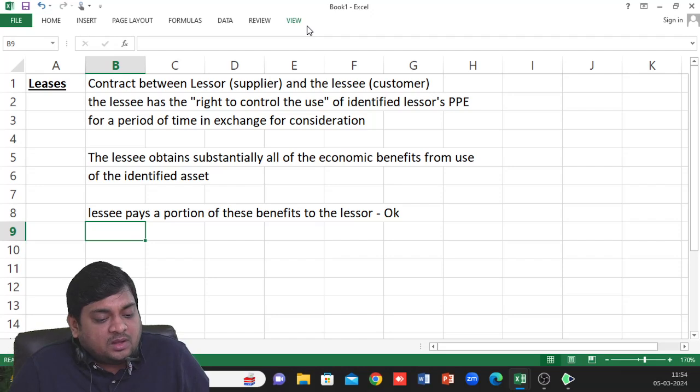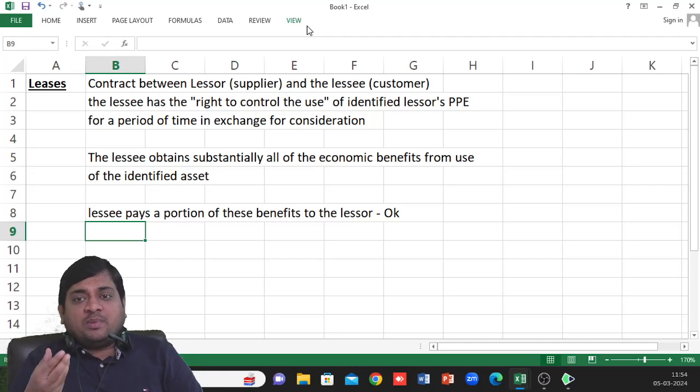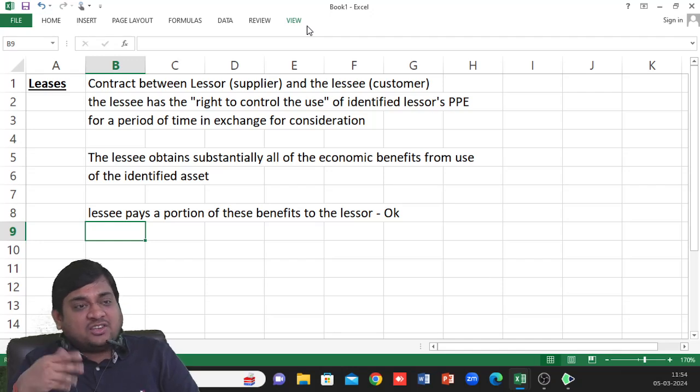Now there might be some operating limitations that have been imposed on me, that you need to use this asset in this way, because after this time period is over, this asset will go back to the lessor. Suppose I have taken your equipment on use and I am using it in a manner that it will cause major damage to the property, so he won't allow that. So he might put some directions on the basis of that.